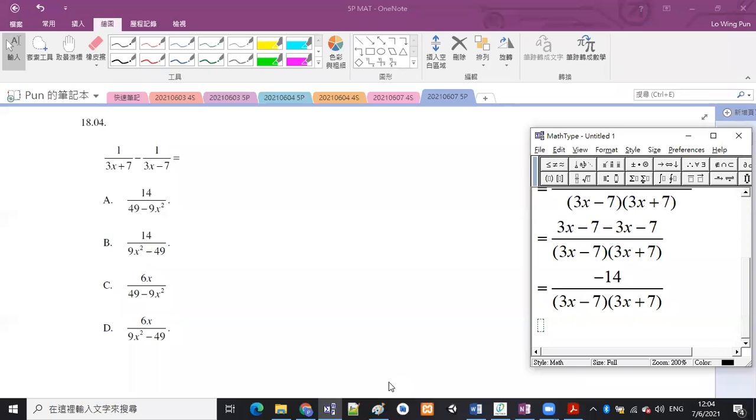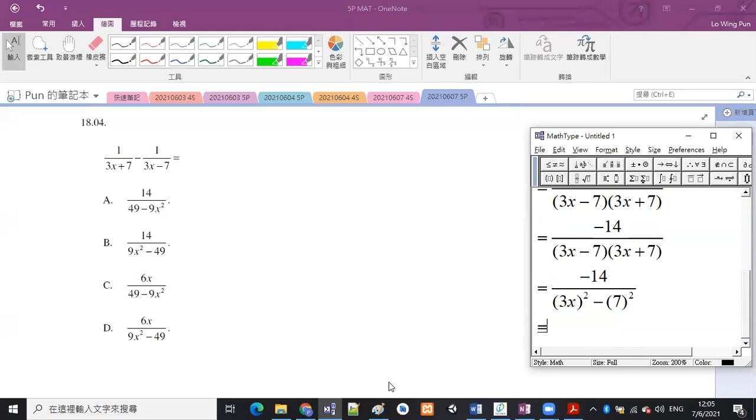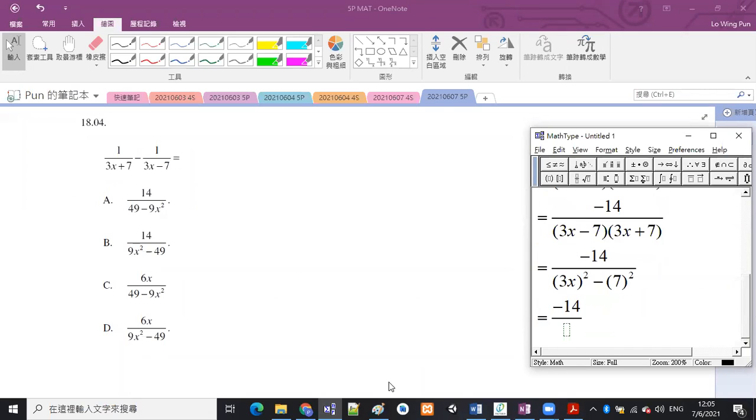For this MC question, the denominators of the 4 options have no brackets. You can see they are expanded. Since this is MC, we need to follow their format and expand the brackets too. Can you see that the denominator is in the format of a minus b times a plus b? A minus b times a plus b becomes a square minus b square. So this -14 is no change, and we have 3x bracket square becomes 9x square minus 49.